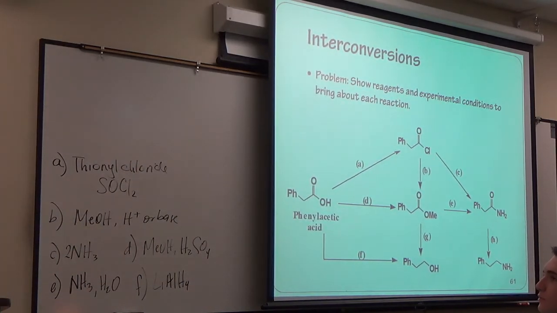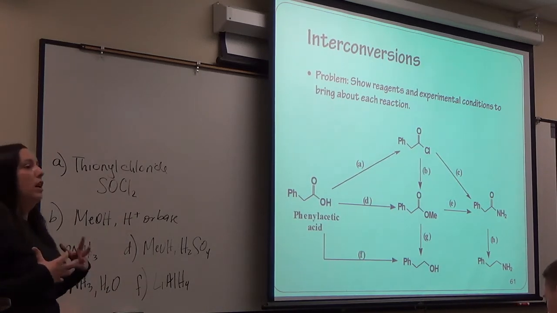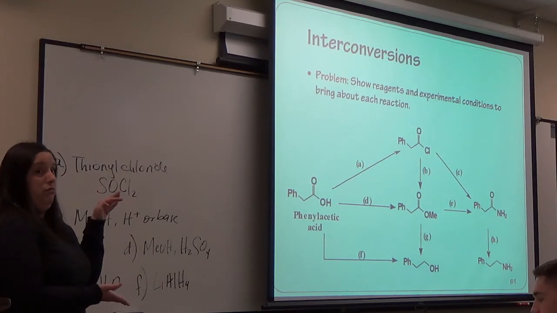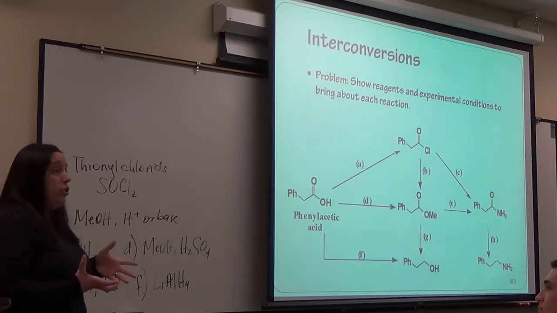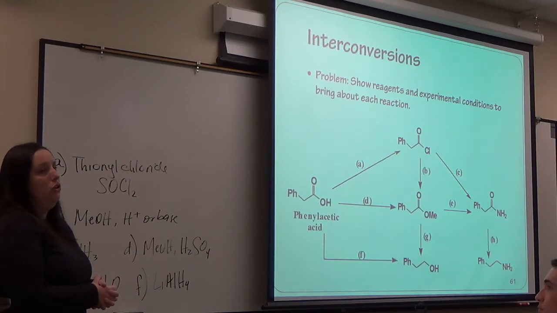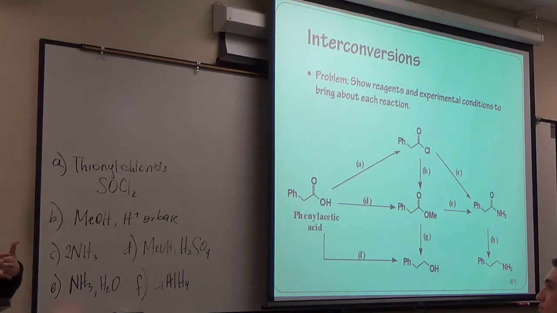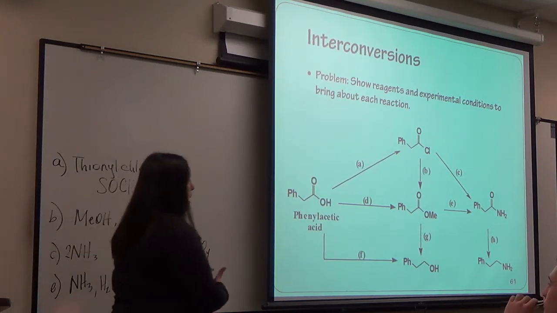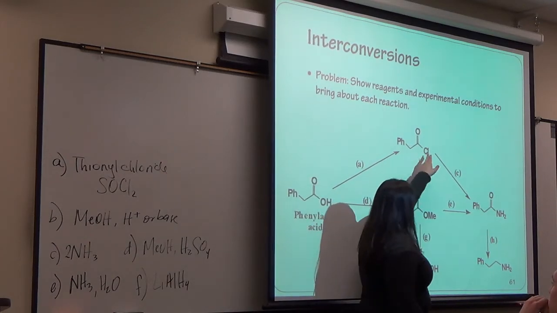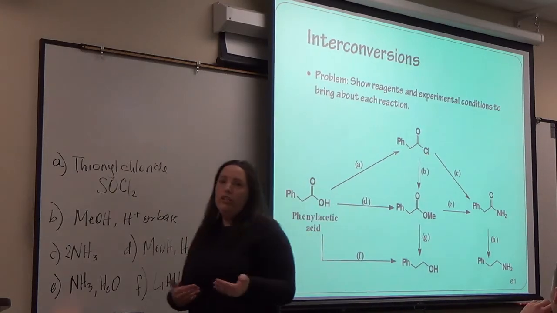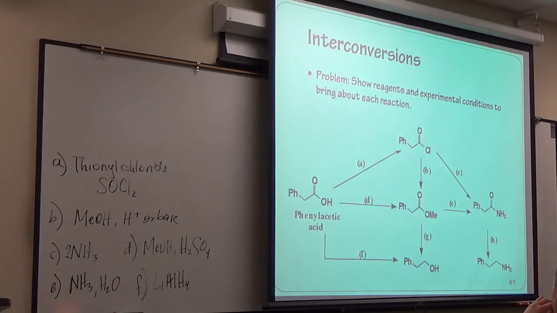So when it boils down to it, that's what I've been trying to do, is summarize it for you and show you that, hey, I know we've talked about a lot of stuff. It's not trivial, but it can be easily summarized into one slide. Pretty much most of the reactions that we did in this chapter. If you really focus on finding that pattern that I've been trying to get you to identify, what are you adding, what's that nucleophile, what's getting put on, you can then think about which reagent would be required.